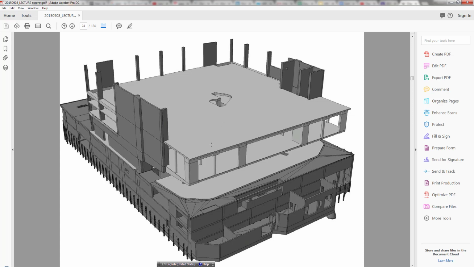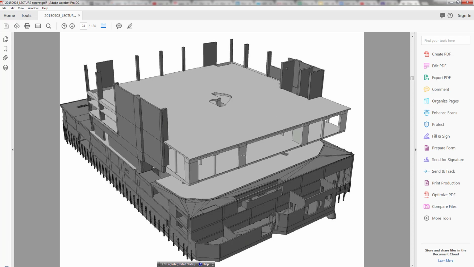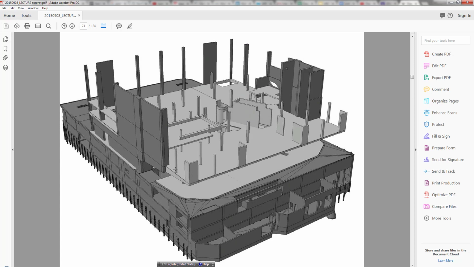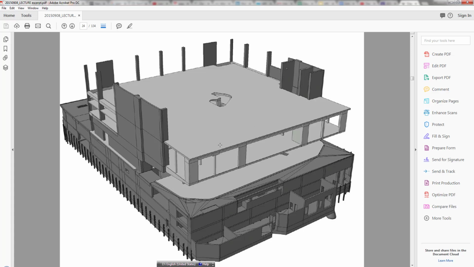So the one particular example here is, all of this gray thing that you're looking at is concrete. So this floor, which is the concrete slab, and the third floor, these two floors actually work as one diaphragm.